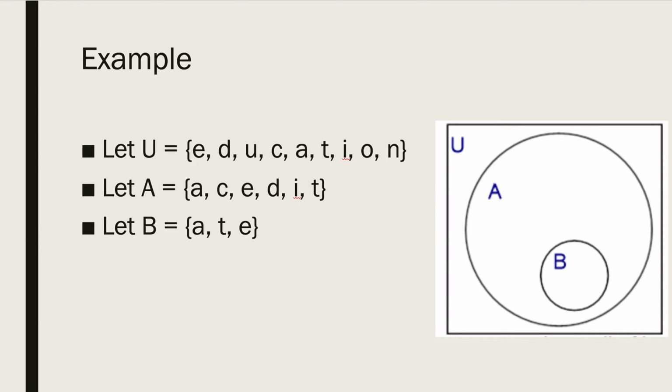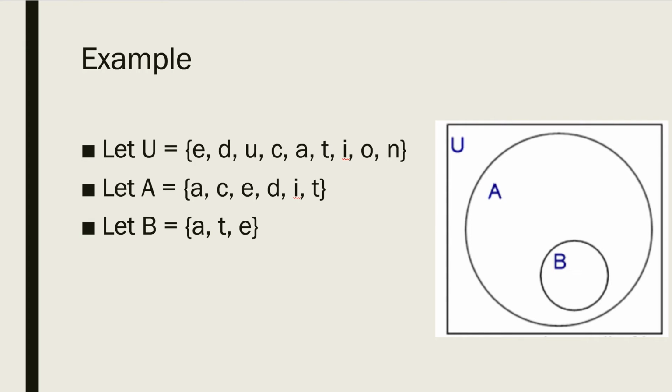All right, let's try another one. Set U is the letters in the word education. Set A has the letters A, C, E, D, I, T. And set B has the letters A, T, E. Okay, so what do we know about subsets?